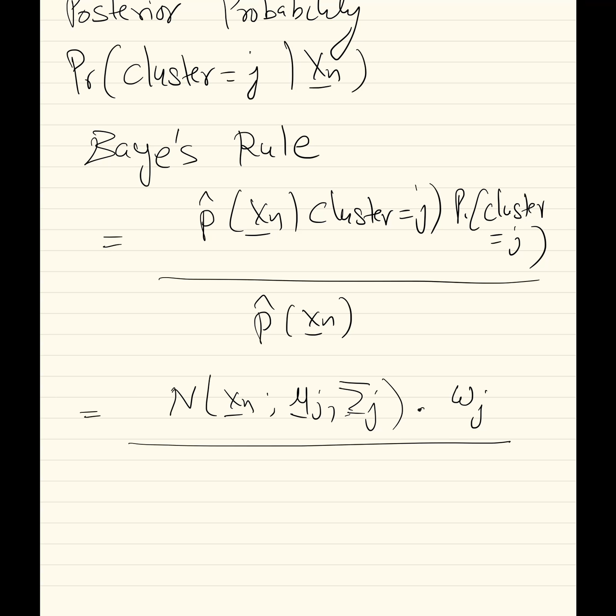What is p hat of xn? How do I compute it? You sum it up, the summation over j going from 1 to k. I can compute this because all the model parameters are given to me. I know what the wj's are, I know what mu j and sigma j are, and xn is the data point I want to classify. So I have everything on the right hand side.